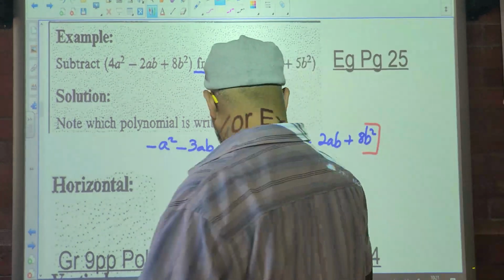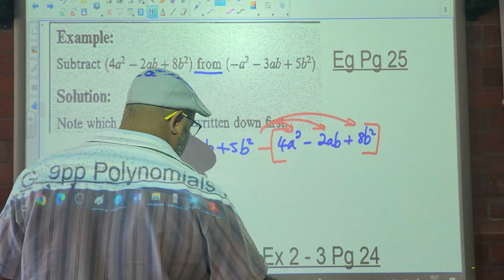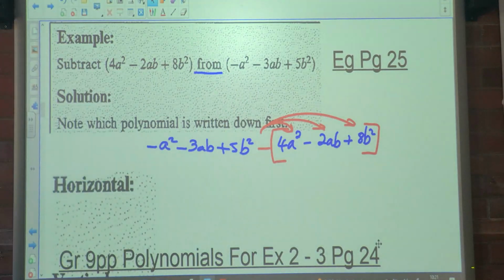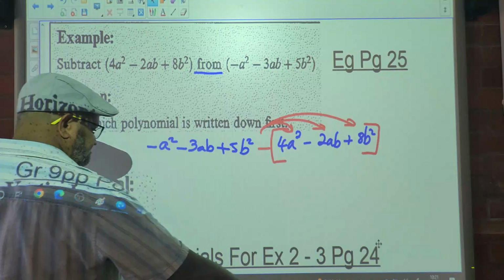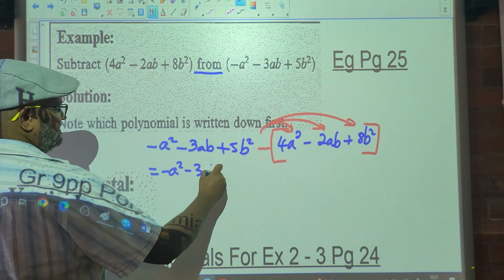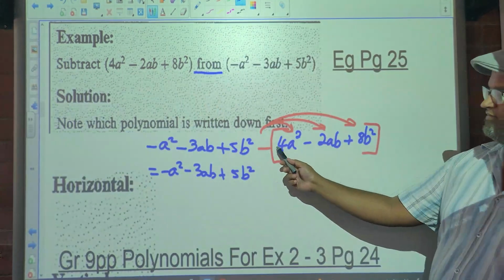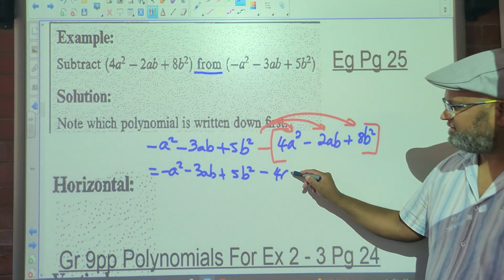So what do I do now? In pursuit of simplifying this, get rid of that bracket, so multiply out quickly. So we get negative a squared minus 3ab plus 5b squared. That's positive times negative, so negative 4a squared.